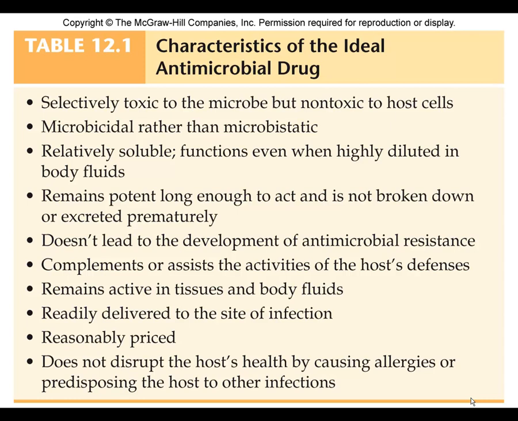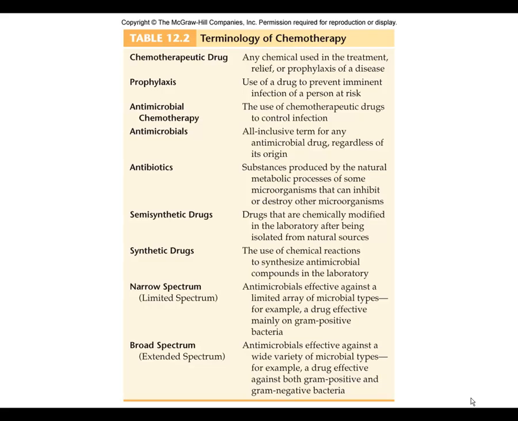Here is a list of things that range from selective toxicity to the price. Is it reasonably priced? Does it disrupt the host health system? If we could have an antimicrobial that fit all of these, we would have a very significant drug. This table here is just kind of a dictionary for you.